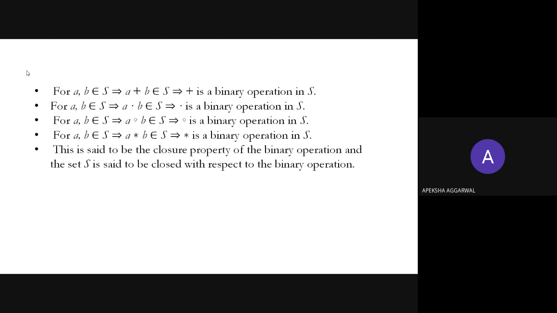If A and B belong to S and after applying some operation on A and B the result also belongs to set S, we will say this follows the closure property. Okay. So this is clear.